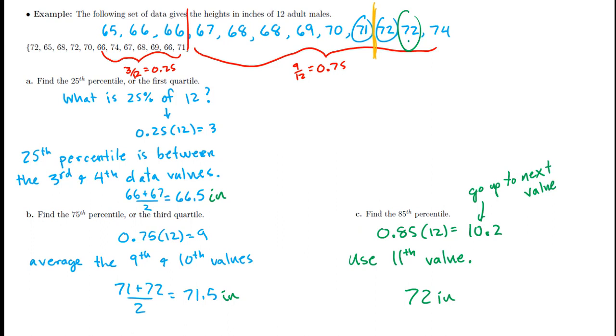And that's 16.7% being above us if we counted both the 11th and 12th values. That's more than the 15% we would expect when computing the 85th percentile. So in order to make sure we're not overshooting what's above or below, we're just going to bump up and use that next value. Just use the 11th value.